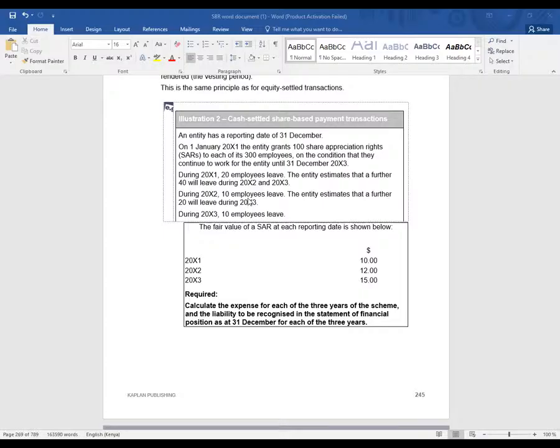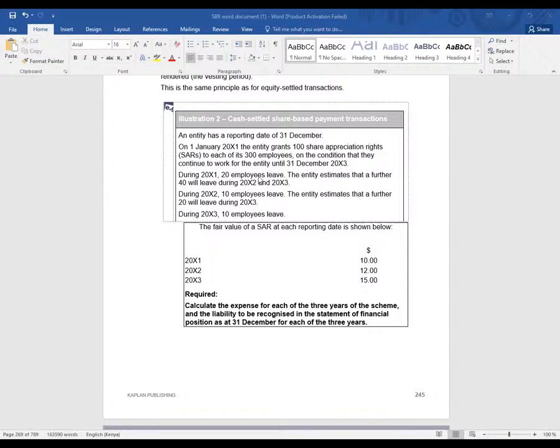These are 10 employees leaving in 2022 and 20 leaving in 2023. But we want the total number of employees who will leave in 3 years. Fortunately, you have told us how many will leave in 2022, how many will leave in 2023, and we know how many left us in 2021.